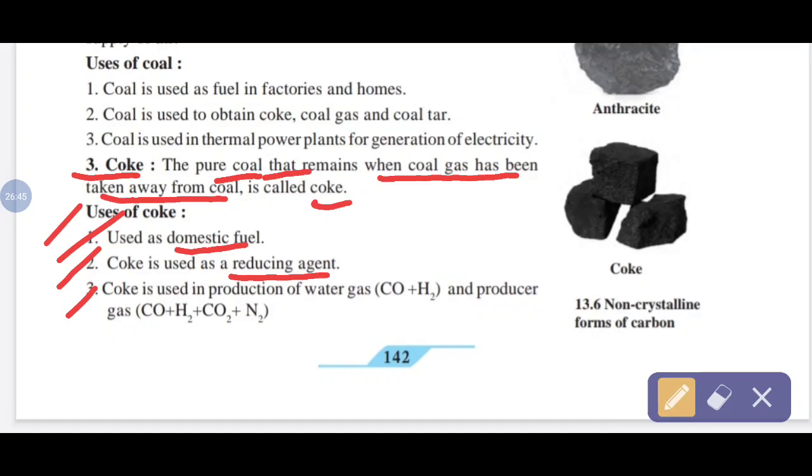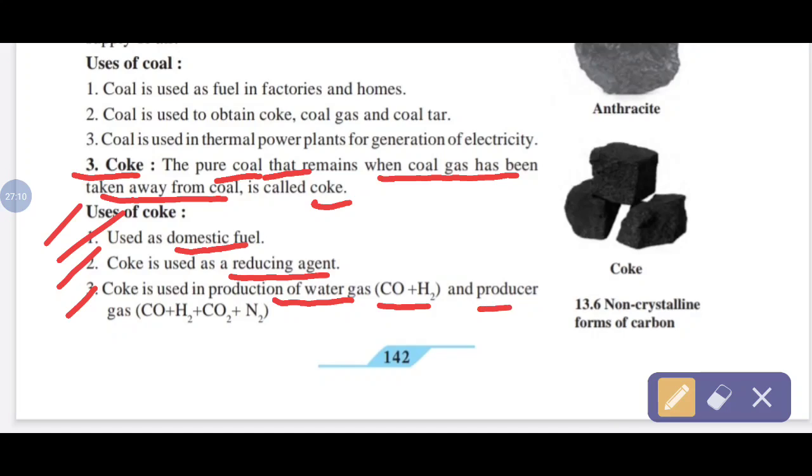And the third use is given here. Coke is used in the production of water gas. What do you mean by water gas? A mixture of CO plus H2. CO means carbon monoxide and H2 means hydrogen. So a mixture of carbon monoxide and hydrogen is called water gas.